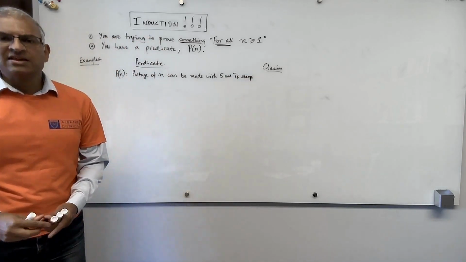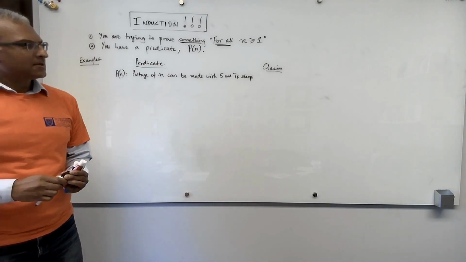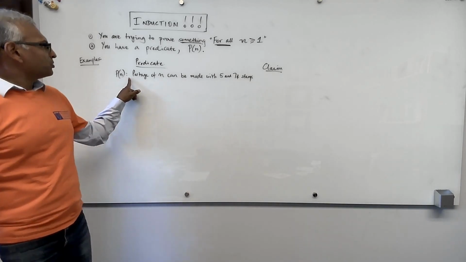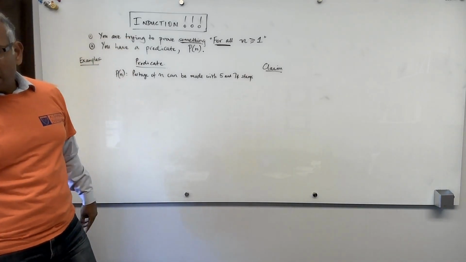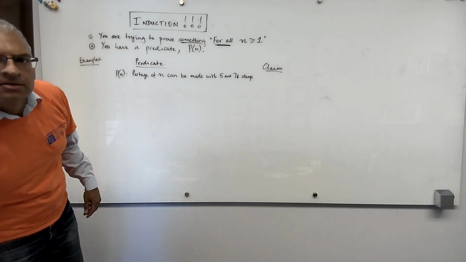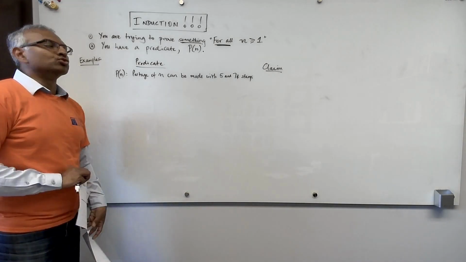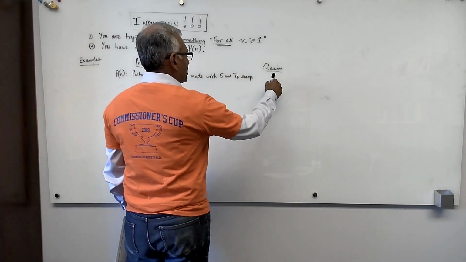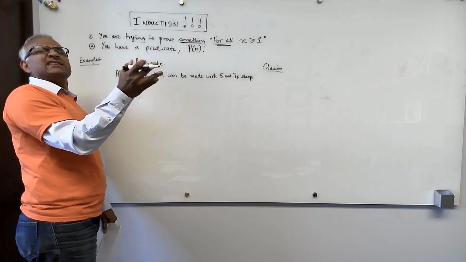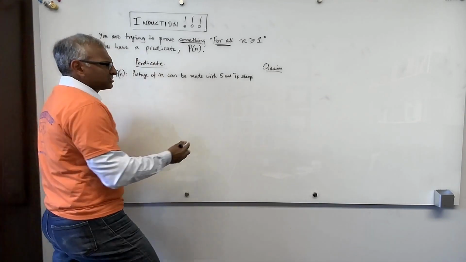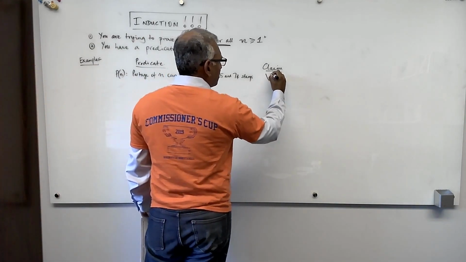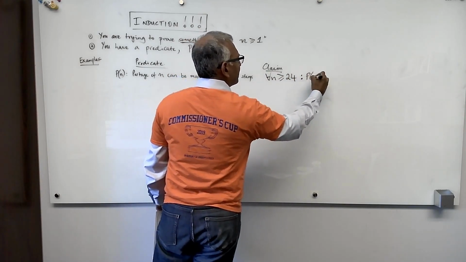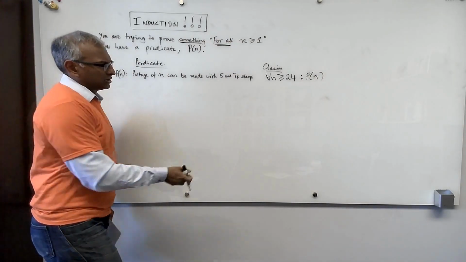That's a perfectly valid claim. It's a claim that takes as input n and outputs a statement, and that statement can either be true or false. You can't argue with it that it can be either true or false. And what's the claim that I'm trying to make here? The claim that I'm trying to make, and essentially proved when we discussed this example, is that for all n greater than or equal to 24, I'm going to assert P of n as true. And it's important, it's for all n.